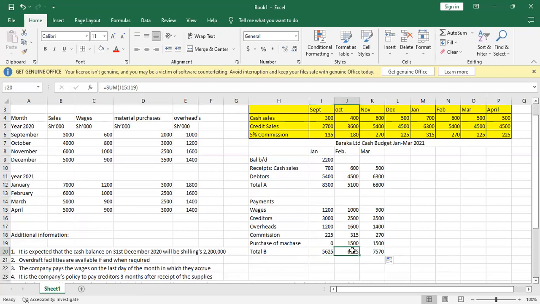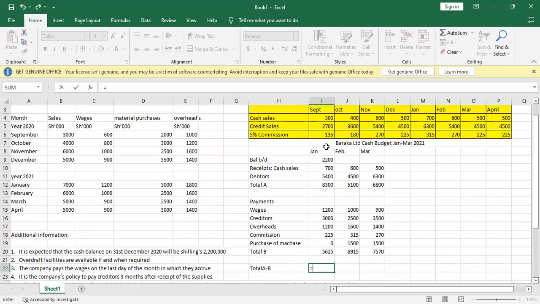So what we need to do is we want to know the deficit or the surplus by subtracting total A minus B. That's what will be giving us the deficit or the surplus.